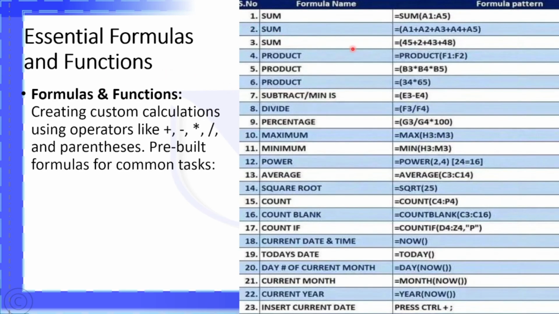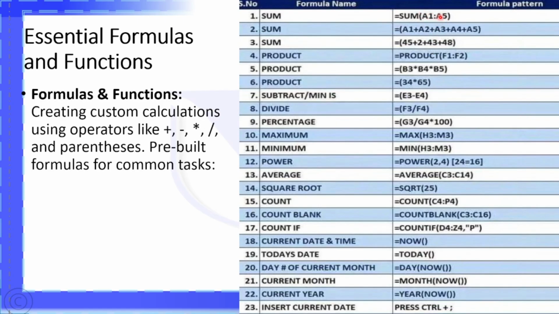So all these here are formulas in Excel. So you can choose to use the sum to add up a total amount of objects in 3 ways.